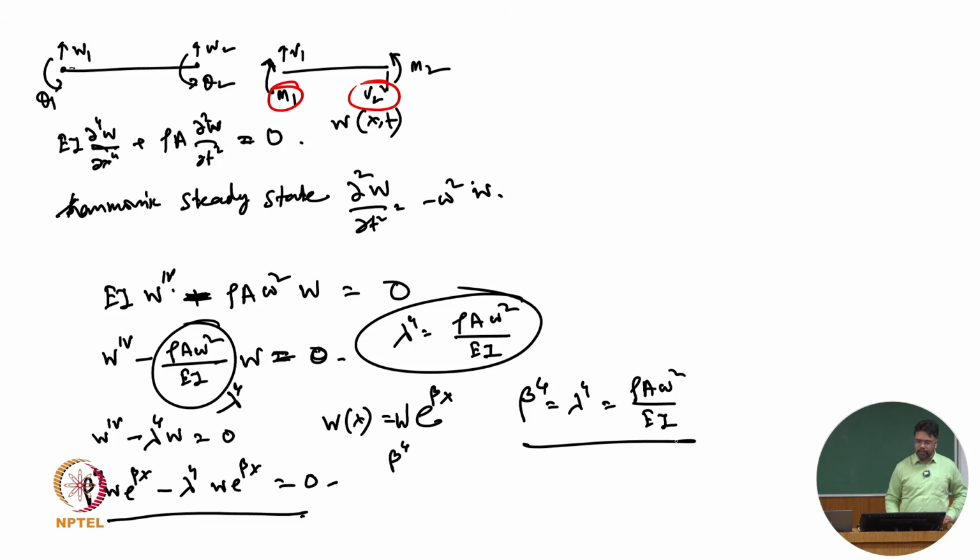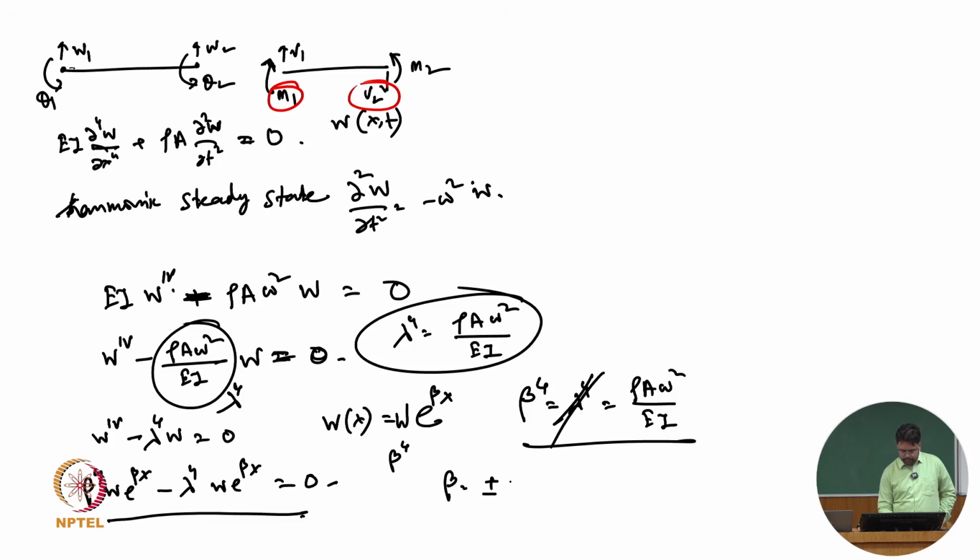So how many solutions of beta can we get from here? You can also forget the lambda, no need. Lambda is just acting like an in-between thing. So beta to the power 4 equals rho A omega square divided by EI. How many solutions of beta can we get from here? 4, exactly. What will be the four solutions?